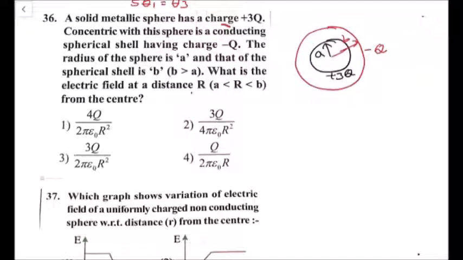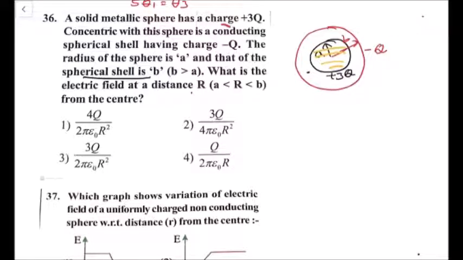What is the electric field at a distance capital R, a less than capital R less than b? So here it is somewhere, we have to find out the intensity of electric field. We know that the intensity of electric field due to the spherical shell inside it is 0. So the intensity of electric field takes place only due to this metallic sphere, and the point is outside the sphere.